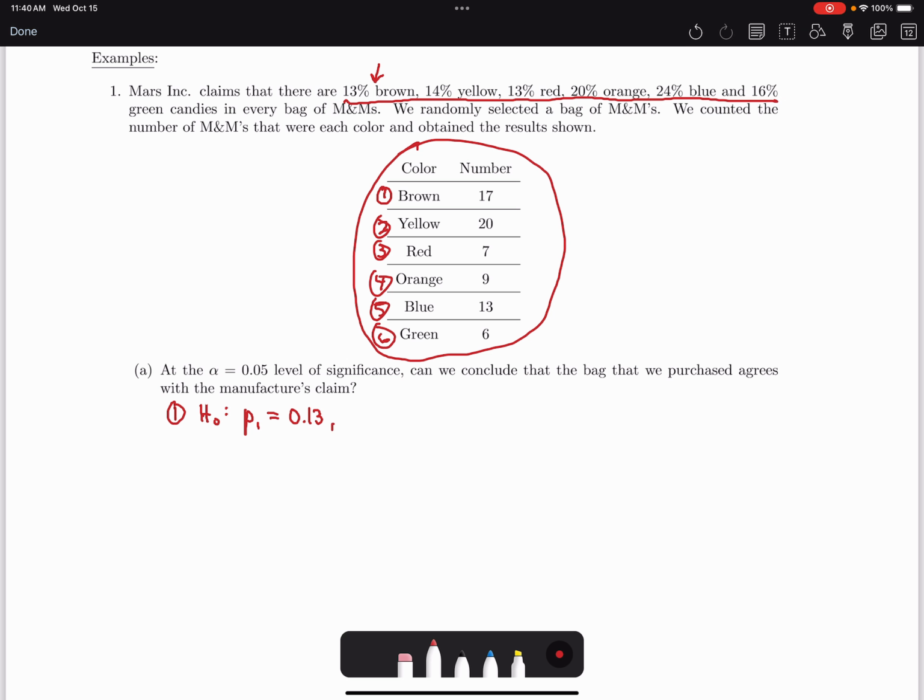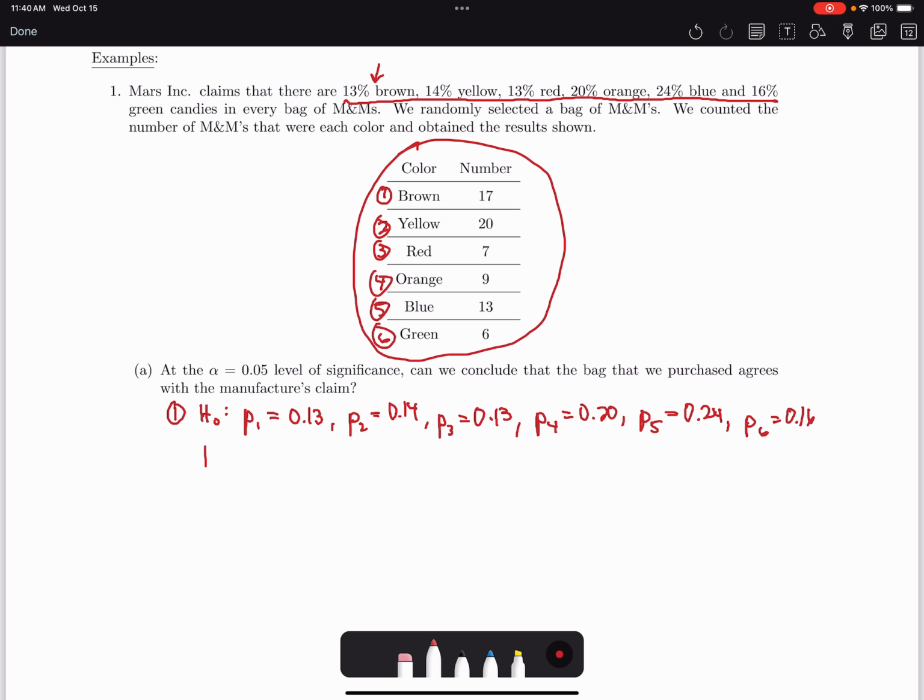The proportion of yellow candies, P2, Mars claims that that's 14%. And for P3, they claim 13%, right? 13% red candies, 20% orange candies, 24% blue candies, and 16% are green candies. Okay, so there's our null hypothesis.